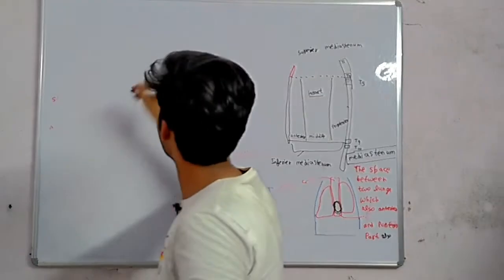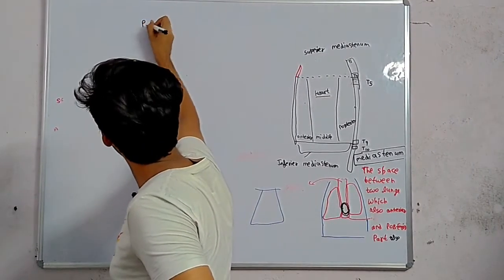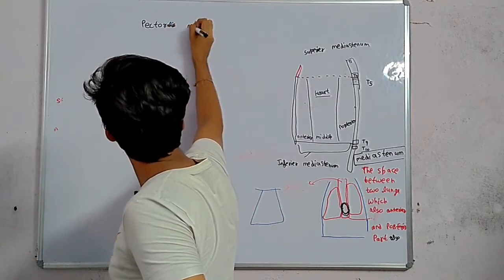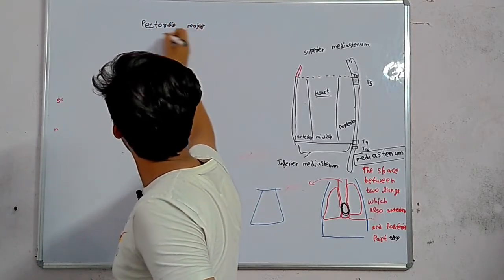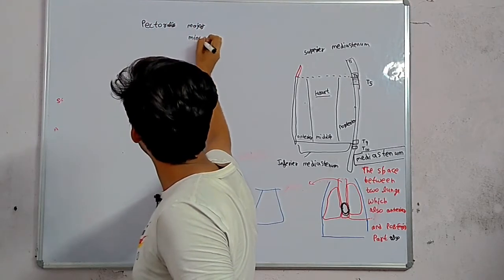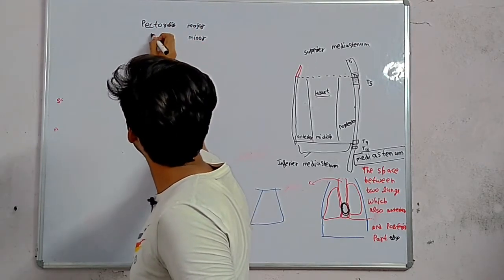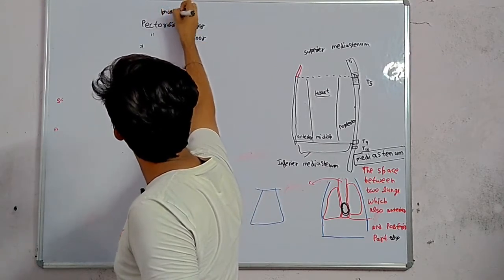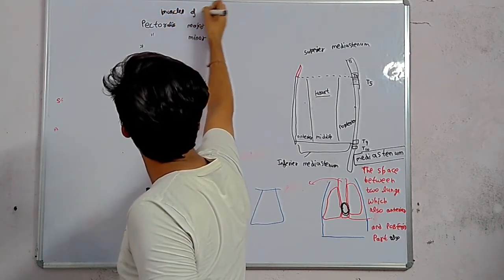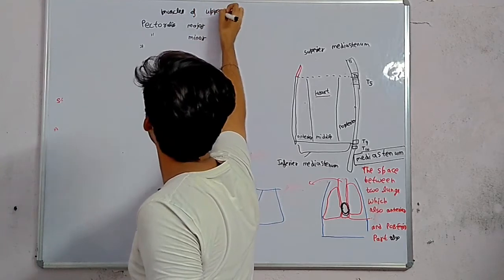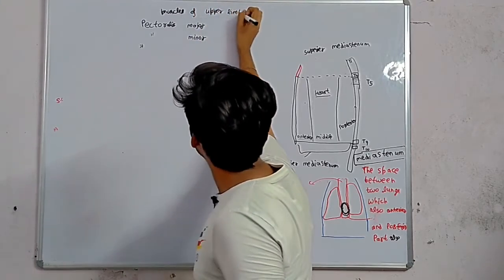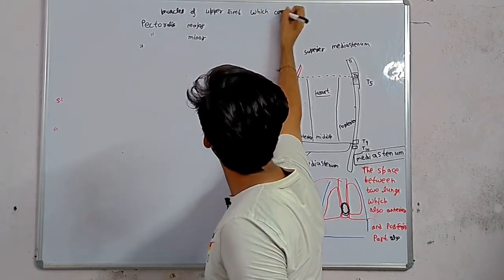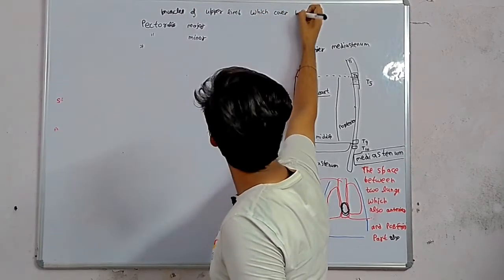Main muscles include pectoralis major, minor, muscles of upper limb which cover thorax.